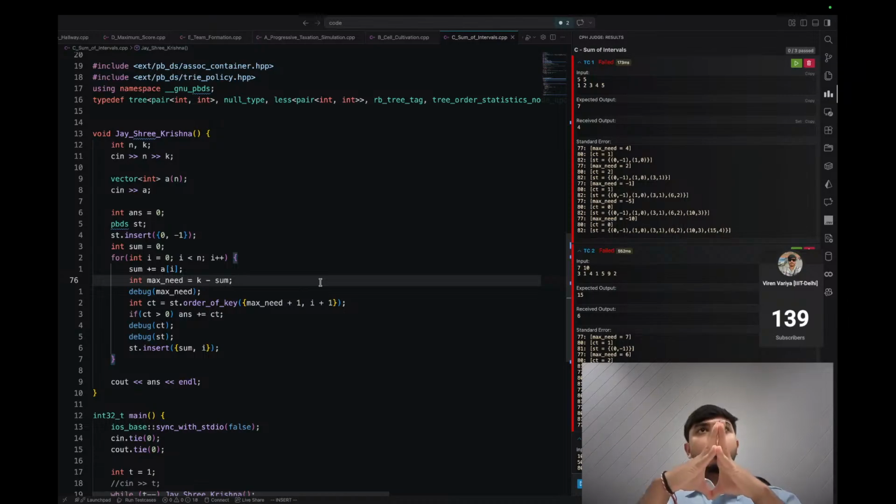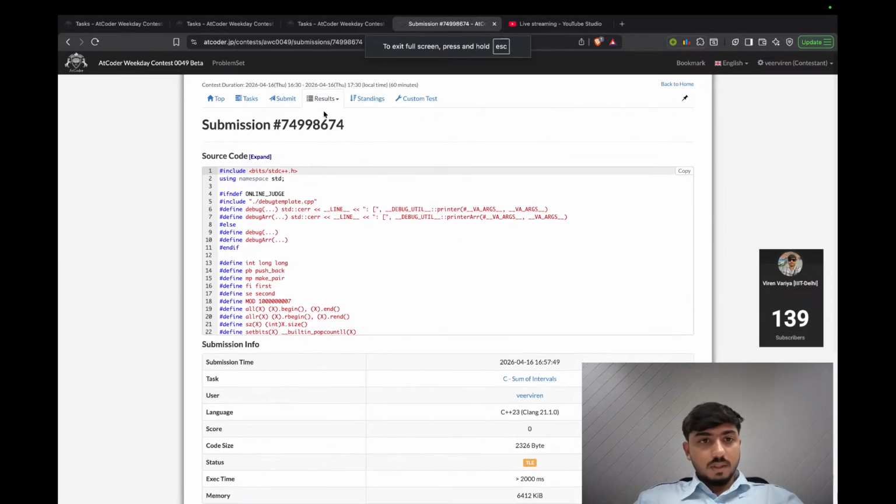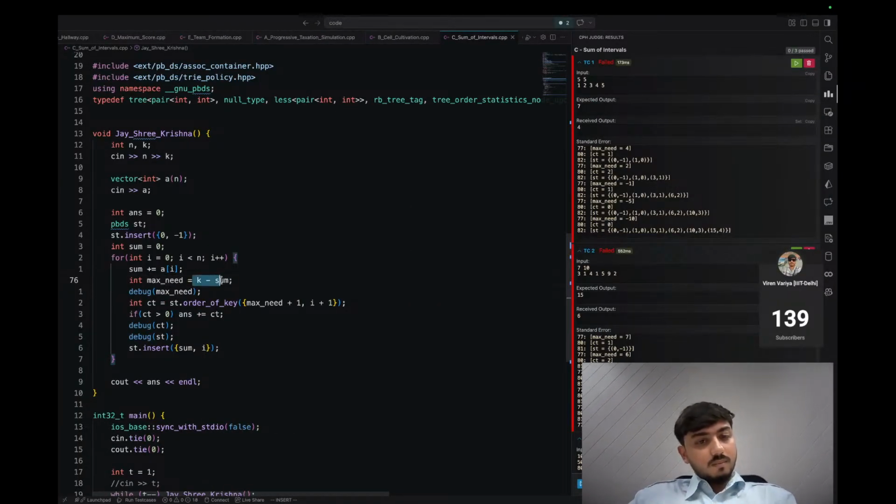I just need to formulate this. That's why I am stuck. I have to do this question anyhow. So easy question, right? My current sum is x.